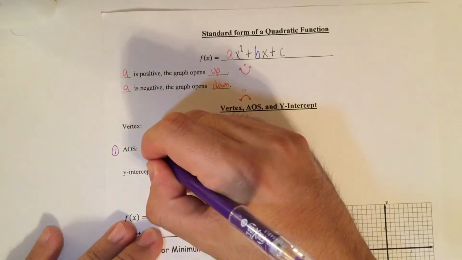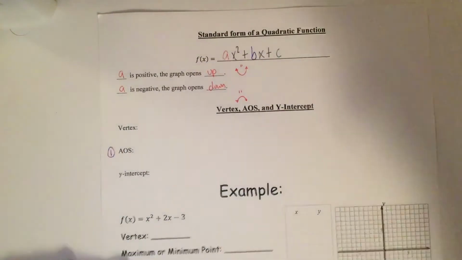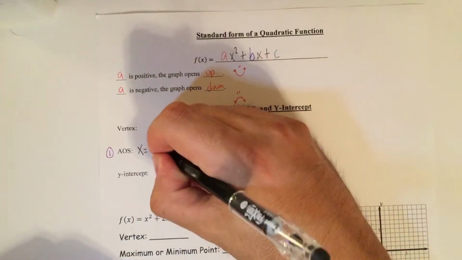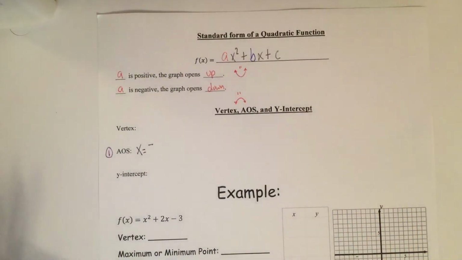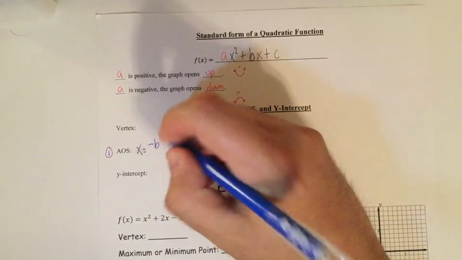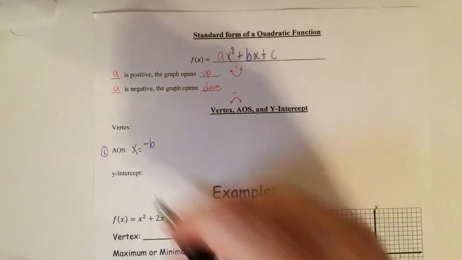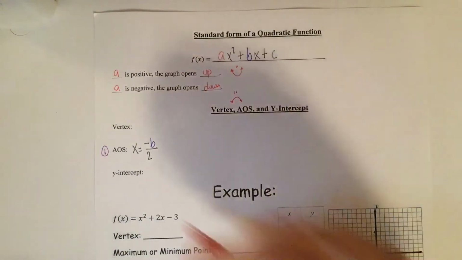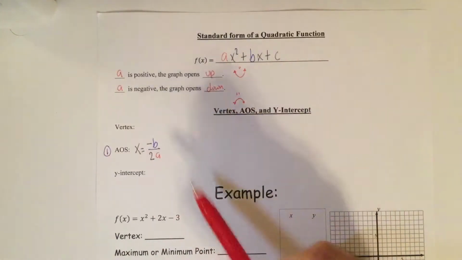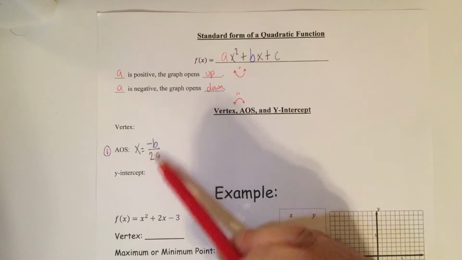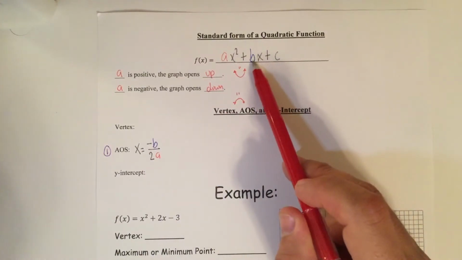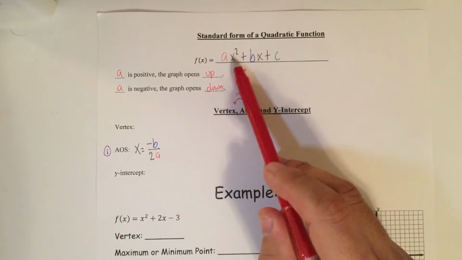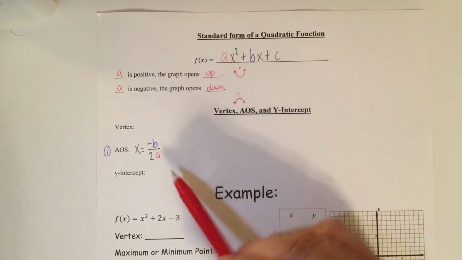The axis of symmetry is going to be, let's see if I can color code this, x equals the opposite of b divided by 2 times a. So hopefully you see the color coding. So x equals the opposite of b over 2a. So the b coming from the term in front of x, and the a coming from the coefficient in front of x squared.